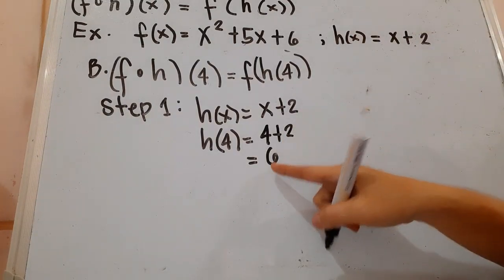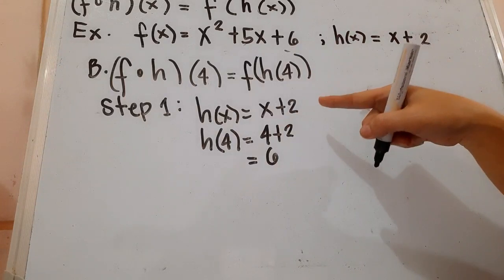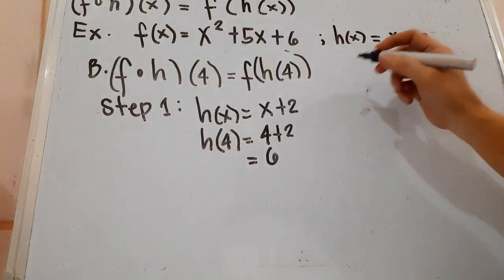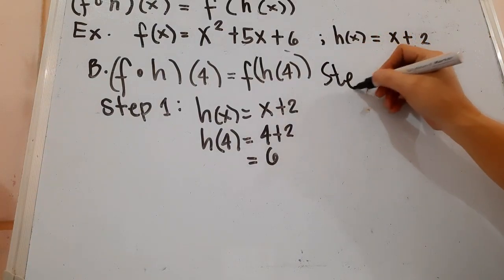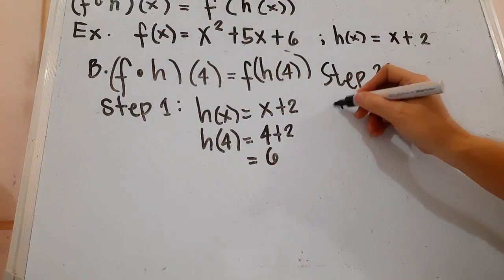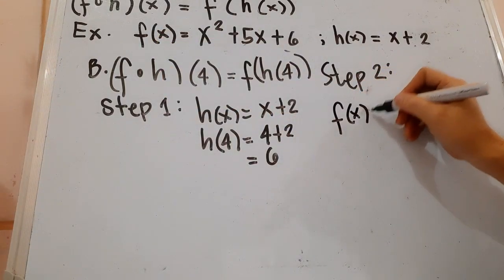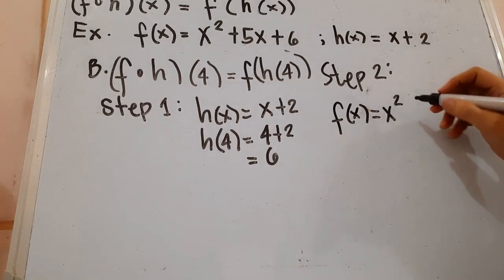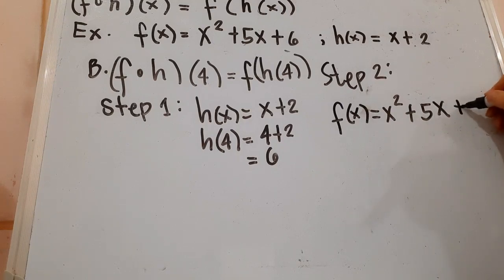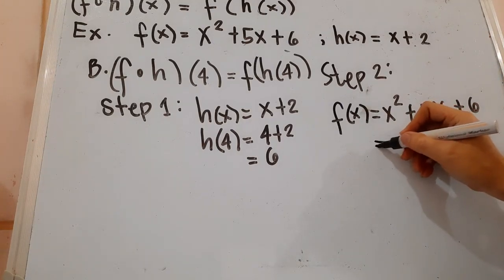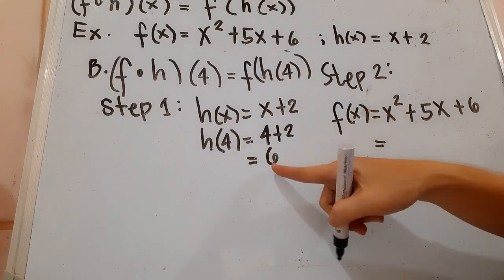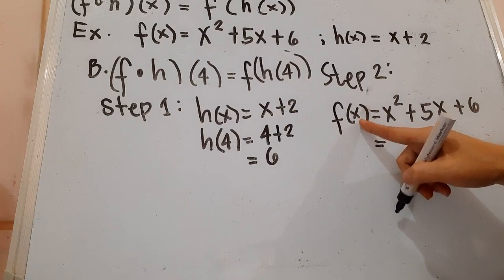After this one, we will now continue evaluating the second function, which is f of x. This will be our step 2. We have our f of x is equal to x squared plus 5x plus 6. Right. Our input now is 6. So we will substitute this one to the variable x.